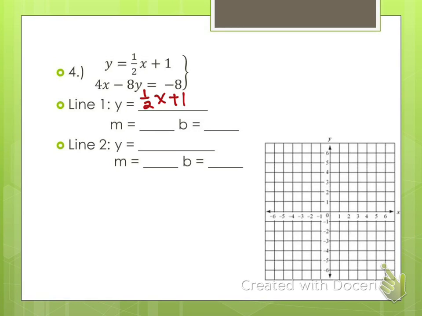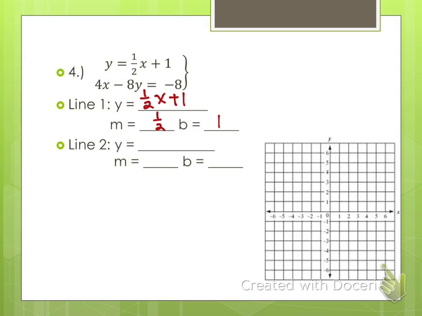I can go ahead and identify my M and my B. Jariel, what are my M and B? So 1 over 2, we don't use the x, but just 1 over 2 for our slope. And our b, or our y-intercept, is 1.